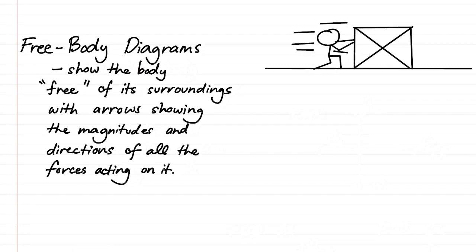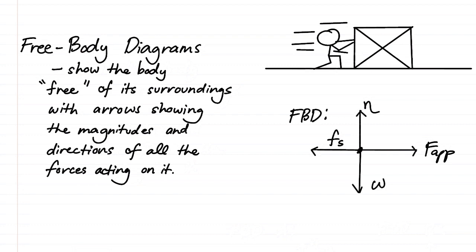Now, kung gusto natin ma-visualize ano yung forces acting on this box here, we can use free body diagrams. So, for this particular example, ang free body diagram ng box will look like this. So, ito siya. So, your body is represented by this dot in the center.